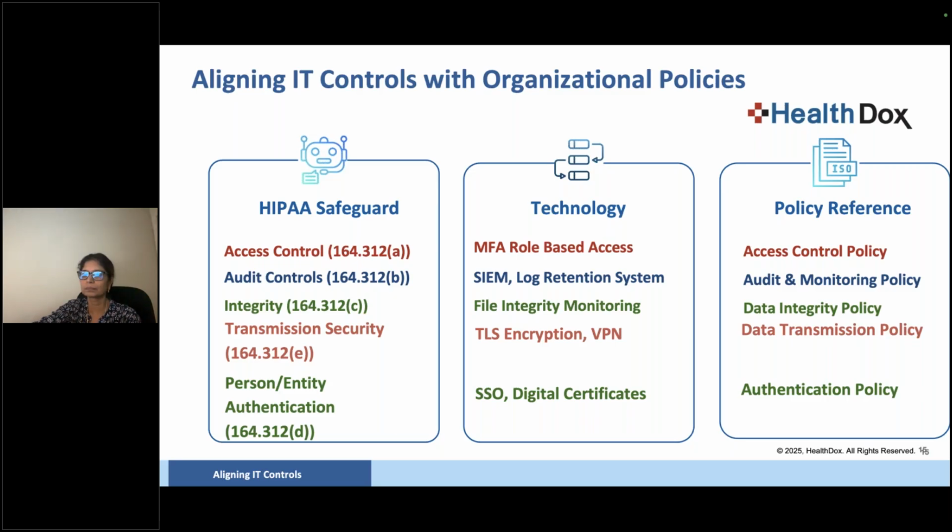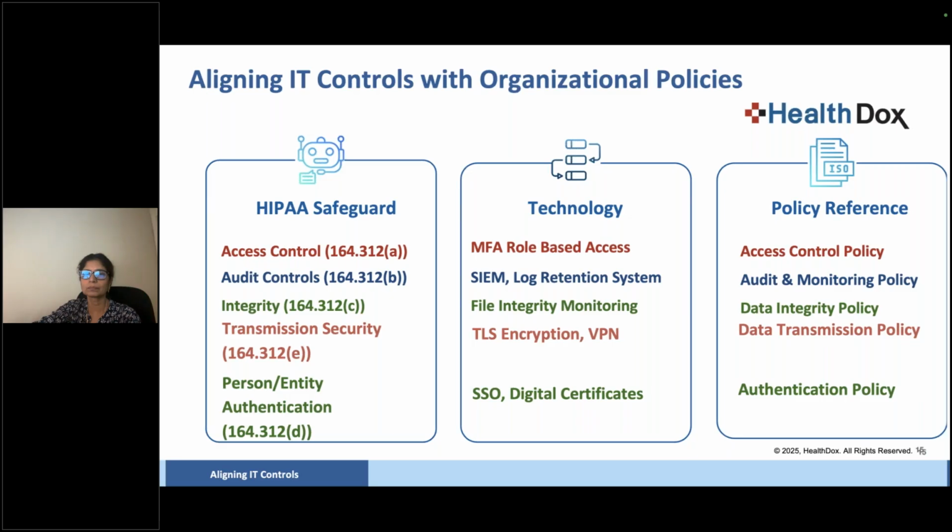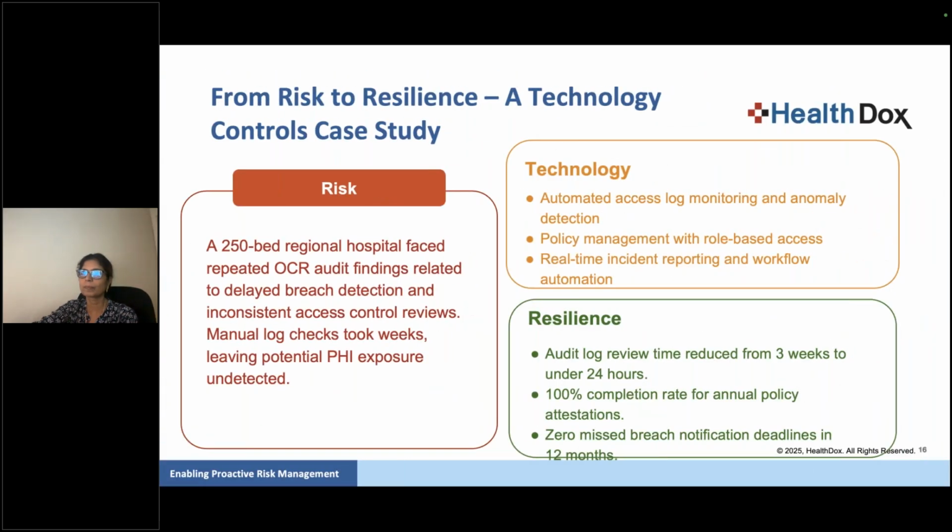Both go hand in hand, right? Whatever is defined in the policy, they are seeing in practice and making sure that practice is met by them. So in short, think of policies as the skeleton and IT controls as the muscle. Only when both work in sync does your HIPAA compliance program stand strong.